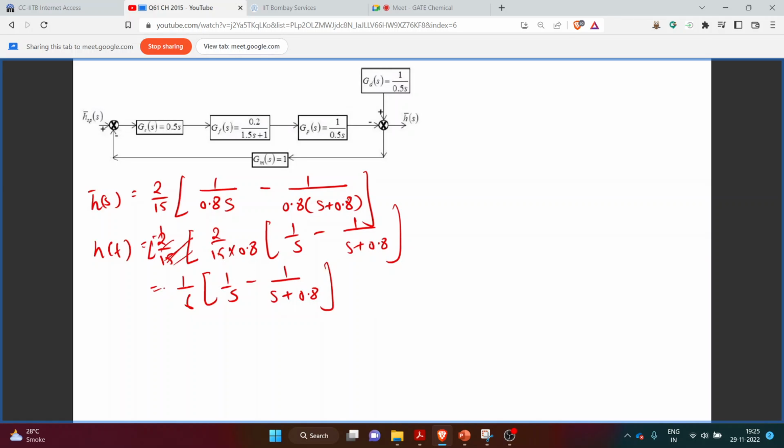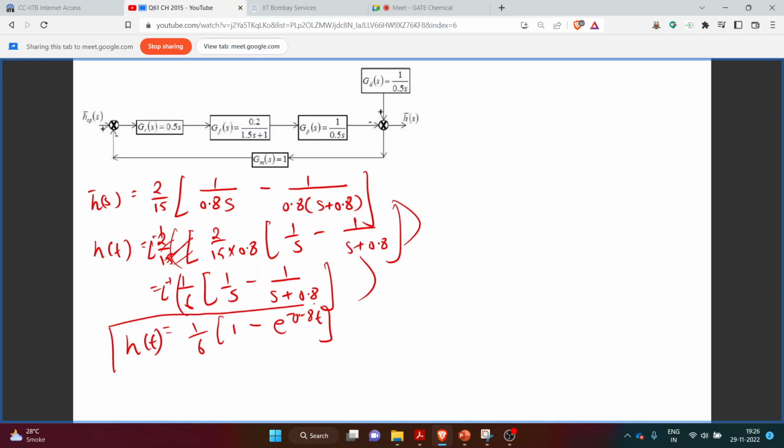We are taking the Laplace inverse of this entire term. It will become 1 by 6. Laplace inverse of 1 upon s is straight away 1, and 1 upon s plus a is e raised to minus at, so it will become e raised to minus 0.8t.